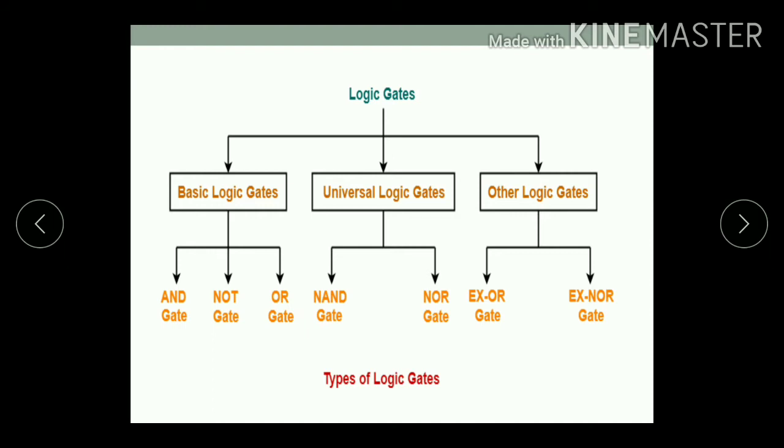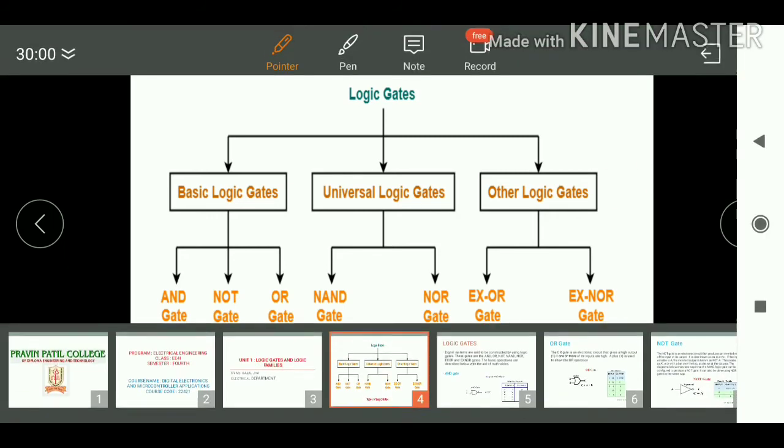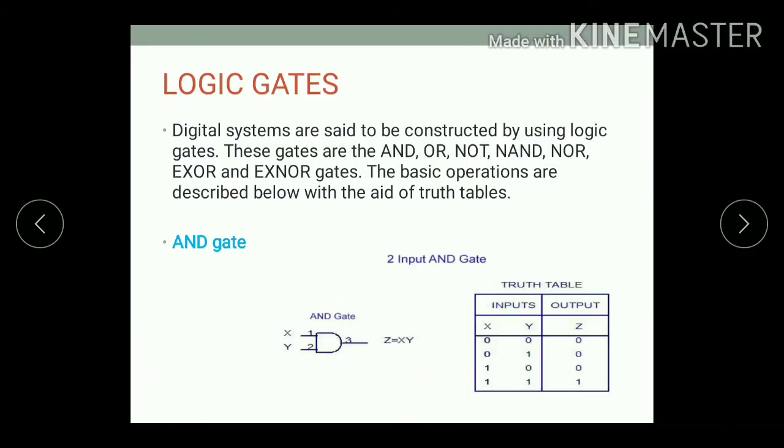Logic gates are the logic circuits which act as the basic building blocks of any digital system. It is an electronic circuit having one or more inputs and only one output. The relationship between the input and the output is based on a certain logic.